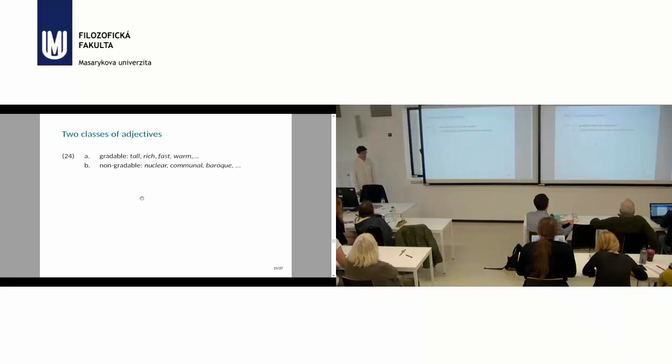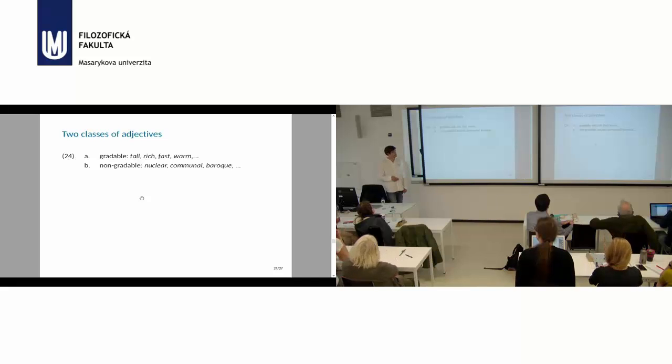Okay, now let me try to tell you something about adjectives, and some of you will be yawning because you heard me talk about it already. When you look into a random grammar or description of adjectives, you see that they fall into 2 large classes. There's gradable adjectives, something like tall, rich, fast, or warm, and there's non-gradable adjectives like nuclear, communal, or baroque.